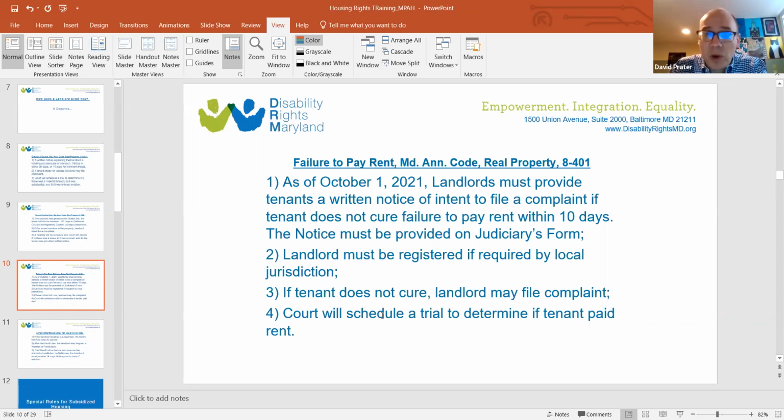But sometimes what happens is tenants will think they are paying their rent. They may be a couple of days late, and a landlord will assess late fees or administrative fees or other fees because the tenant was late.